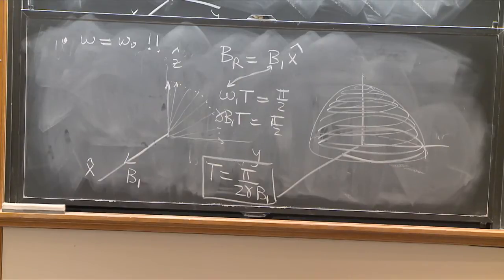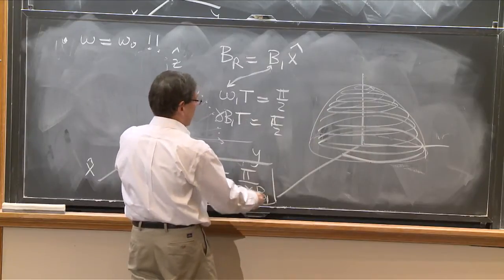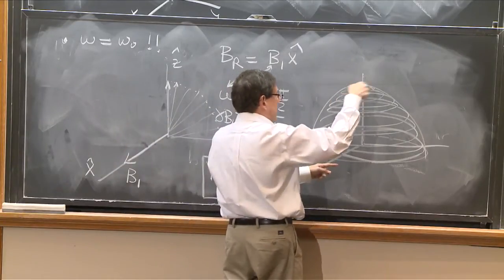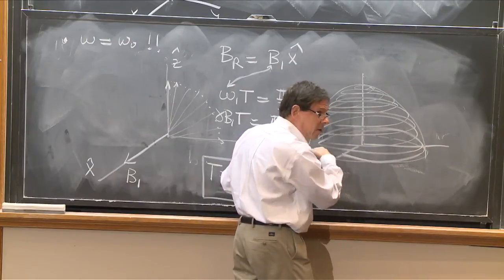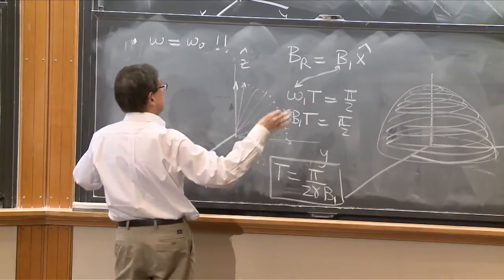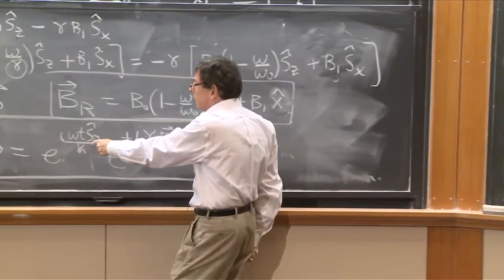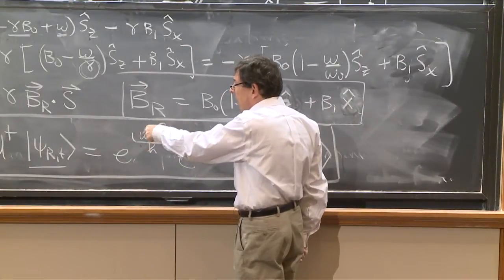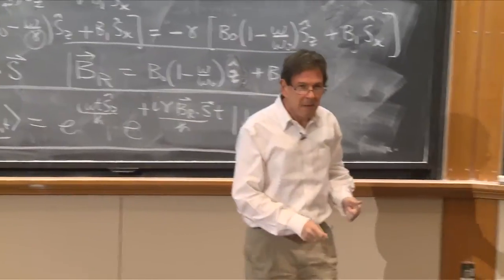So if you keep the radio frequency on for this much time, then the spin, at the end of the day, got to the equator of the sphere. And B1 has disappeared, so B1 is gone, BR is gone, and then it keeps rotating because there's the other magnetic field still, the longitudinal magnetic field.